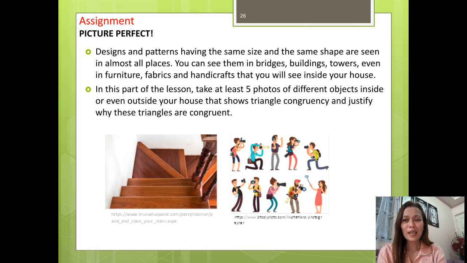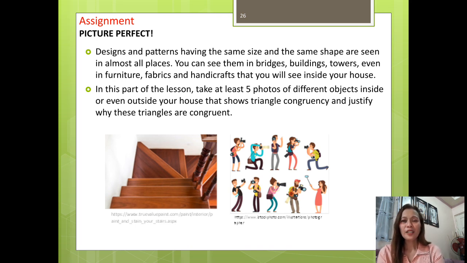So for your assignment, picture perfect. Design and patterns having the same size and the same shape are seen in almost all places. You can see them in bridges, buildings, towers, even in furniture, fabrics, and handicrafts that you will see inside your house.